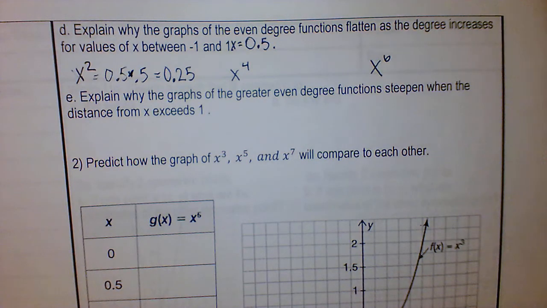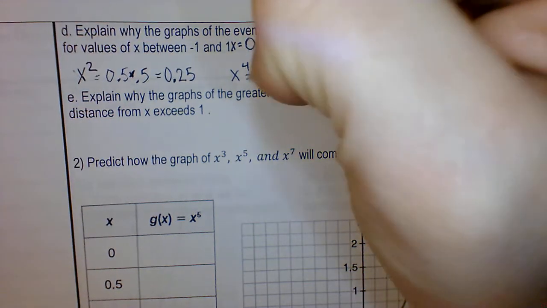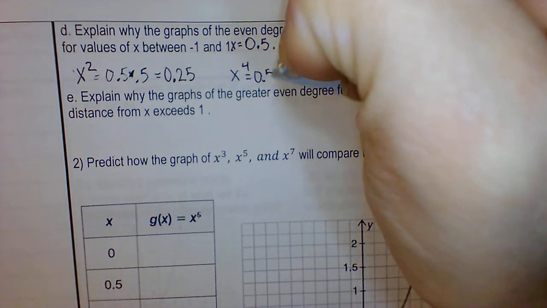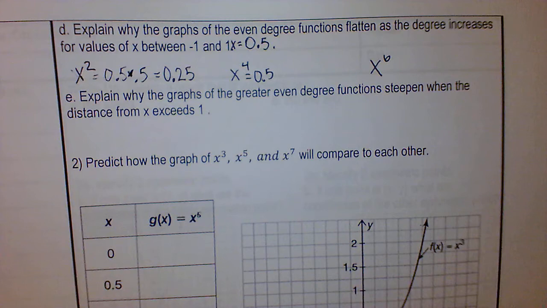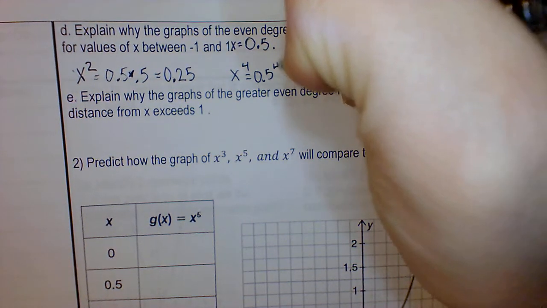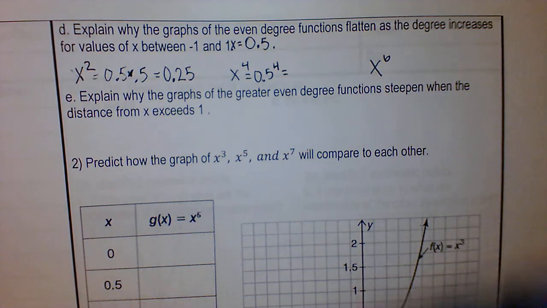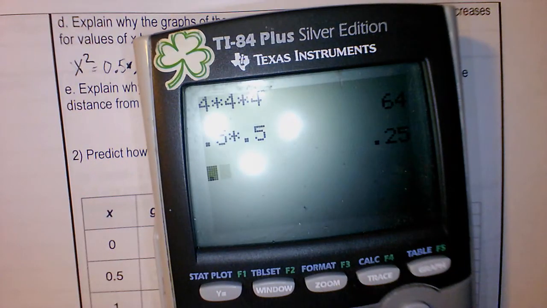For x to the 4th, if we do that same thing, we know we're doing 0.5 times 0.5 times 0.5 times 0.5, right? I'm going to write it to the 4th, because it's the same thing. I can do 0.5 to the 4th.